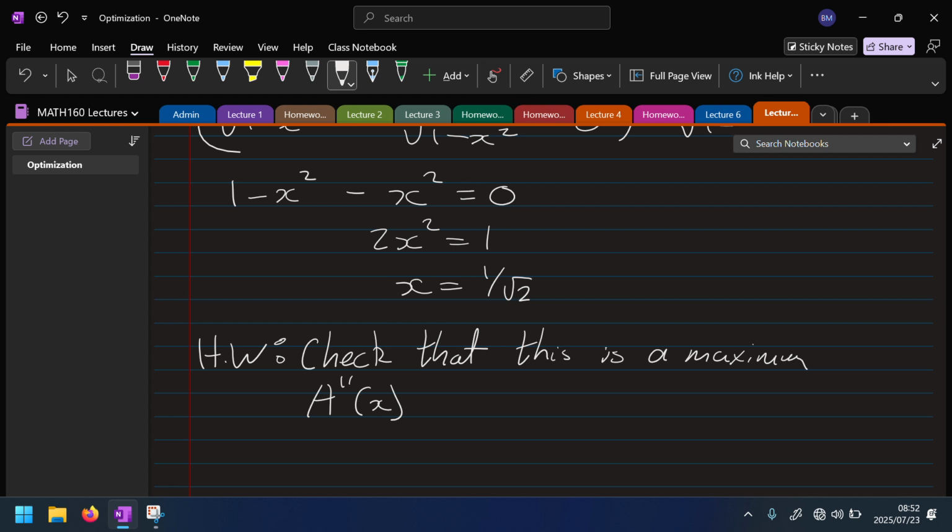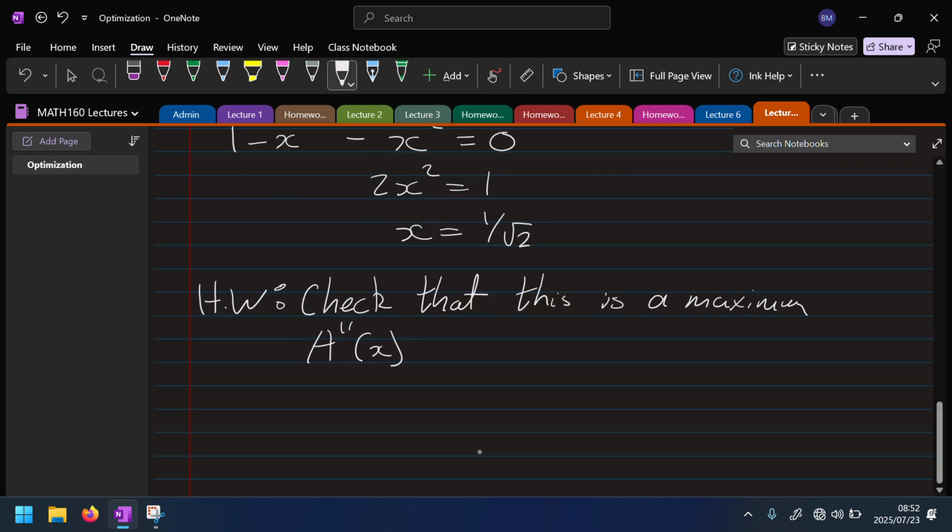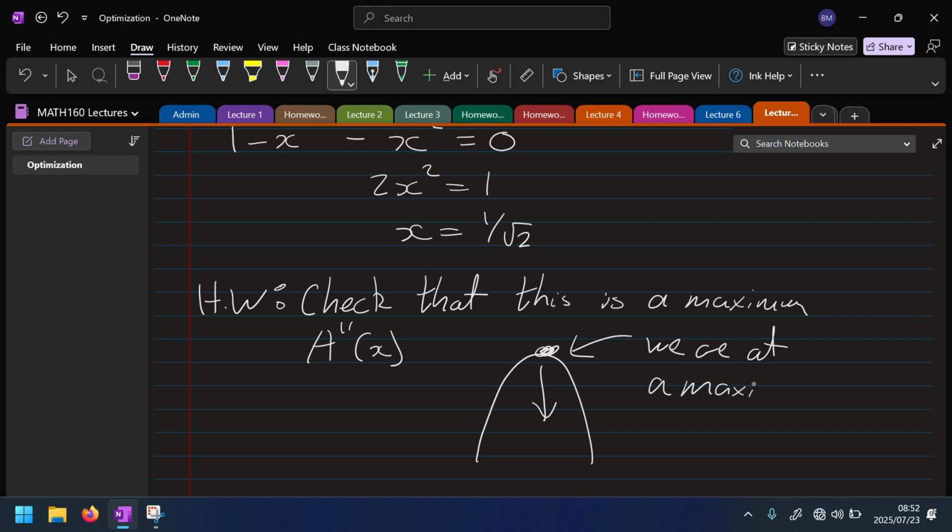For it to be a maximum, the concavity should be down, so whatever we get, the second derivative must be negative, so it's going down. That means we are at a maximum. So homework, please check that.